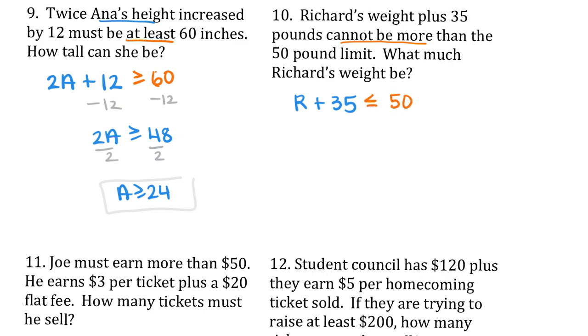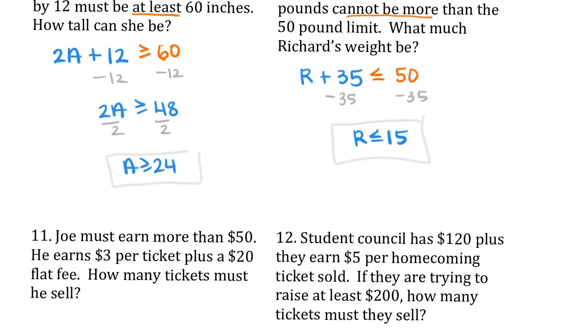So it's got to be less than or equal then, because it can't be more than, so it could equal, it could be less than. Okay, let's go for it. Minus 35. Okay, so R is less than or equal to 15, which is not very much. So hopefully Richard is some kind of bunny or something.